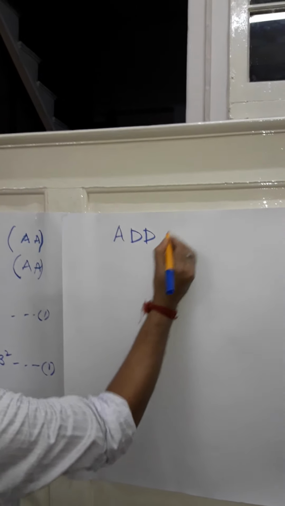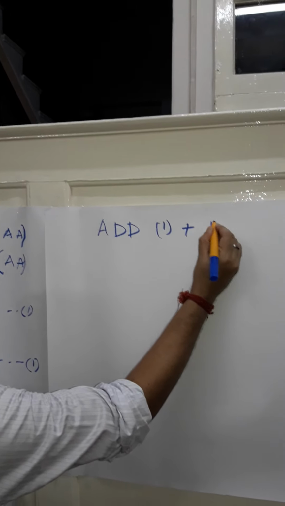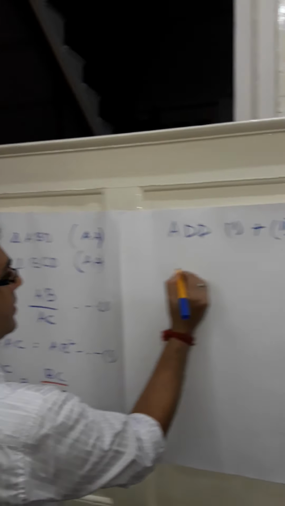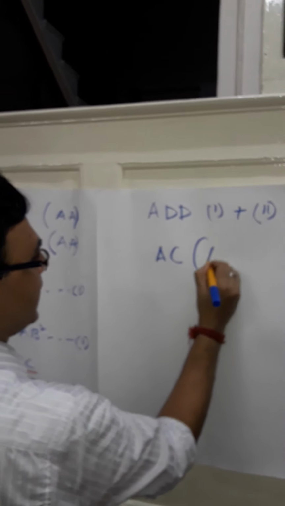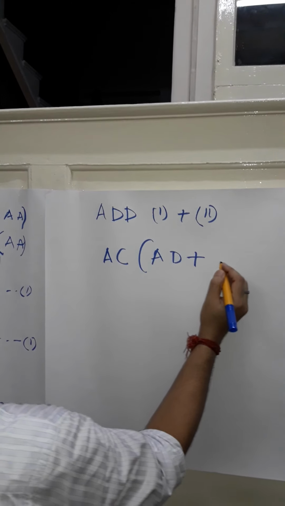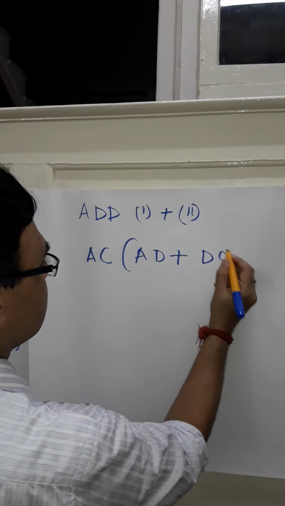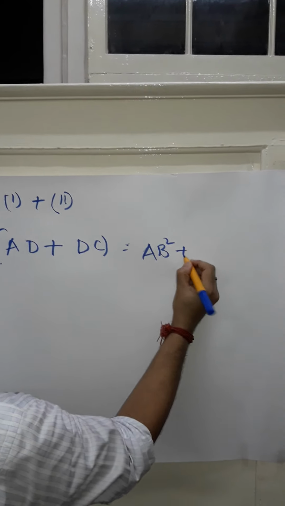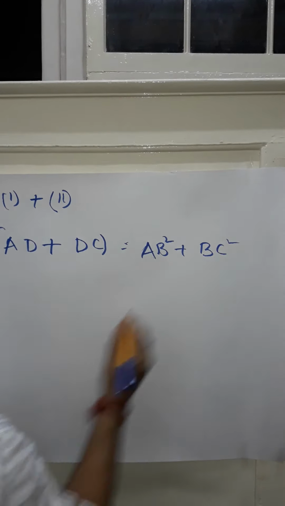Adding equations 1 and 2, we get AD into AC plus DC into AC is equal to AB square plus BC square.